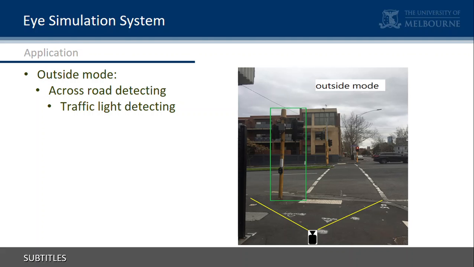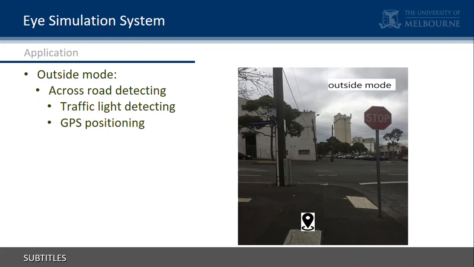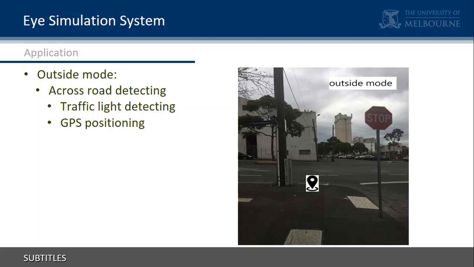The application processes the image, finds the signal, and then reminds the user there is a walk signal ahead, needing to cross the street. Meanwhile, the system uses GPS positioning to handle the condition that has no walk signal. When the distance between the user and the road edge is lower than a threshold, the application also reminds the user to cross the road.